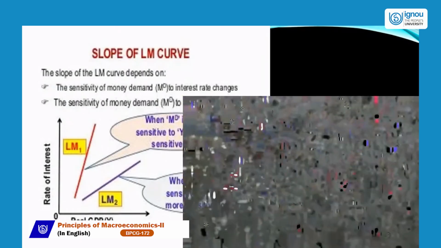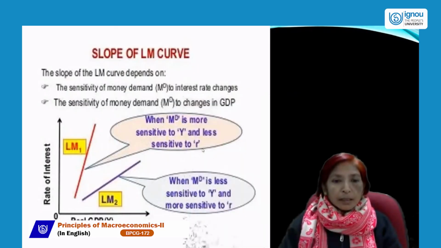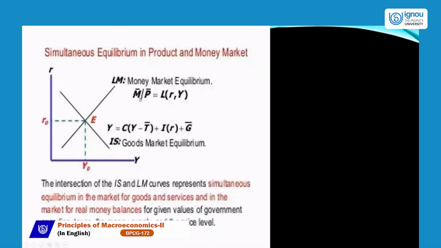If money demand is less sensitive, then curve will be more steeper, and more sensitive curve will be more flatter. But slope will be upward sloping.